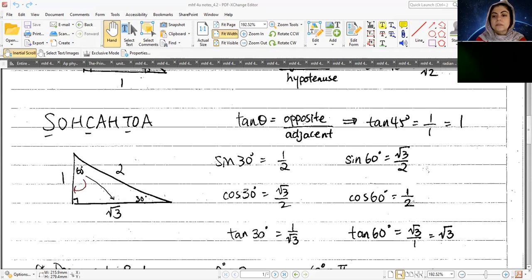Tan 60 is opposite over adjacent, square root of 3 over 1. Any question, guys? So this is the review of grade 11.